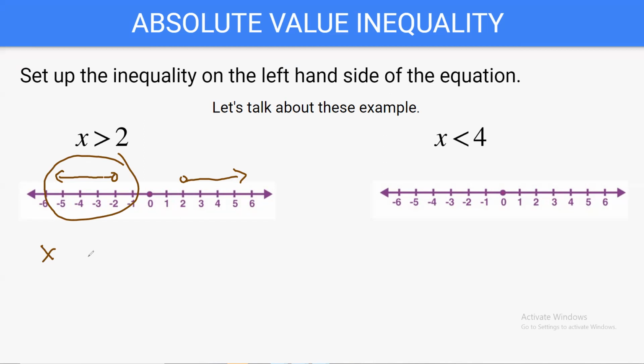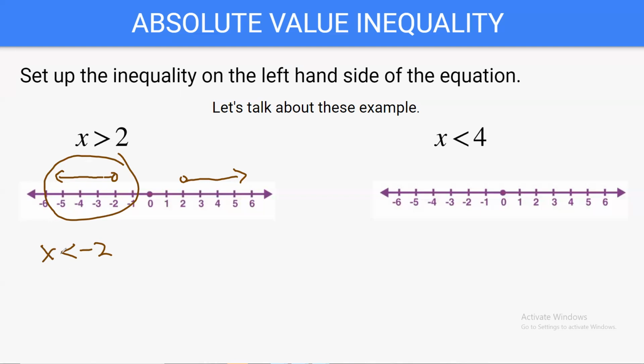How do I represent this arrow in terms of an inequality? X is less than -2, right?